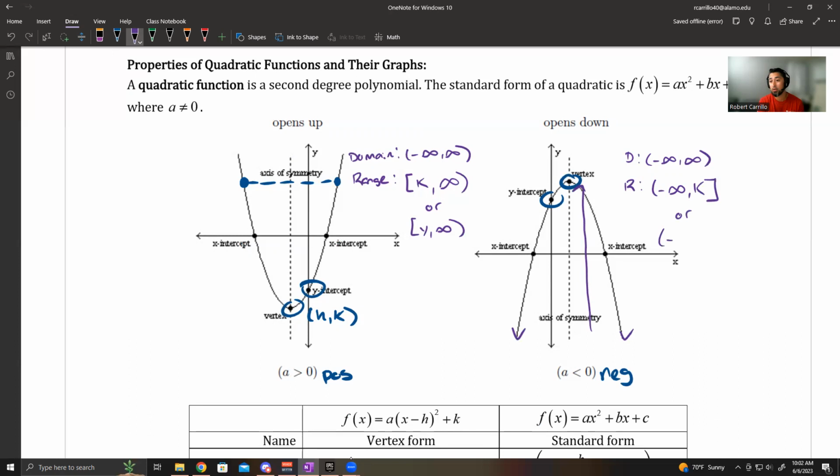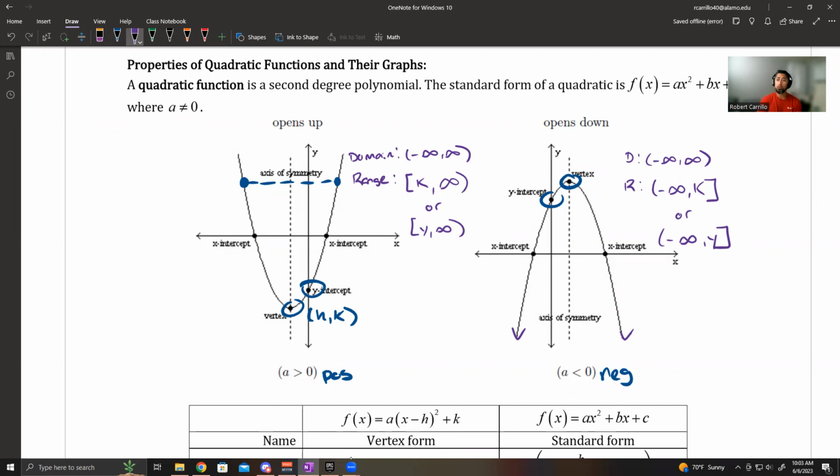Negative infinity to y. And look at the notations. The y or the k has a bracket. That means that that y value is included. And to say it again, infinity never gets a bracket because we have no idea what an infinity is. So infinity always gets a parenthesis.